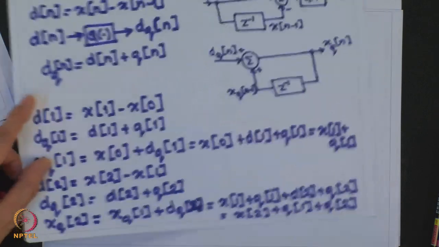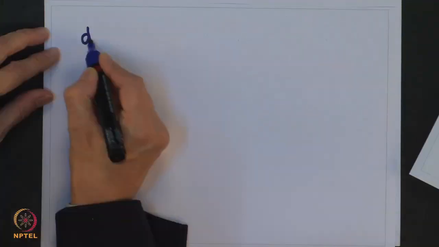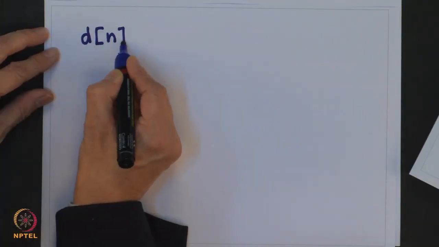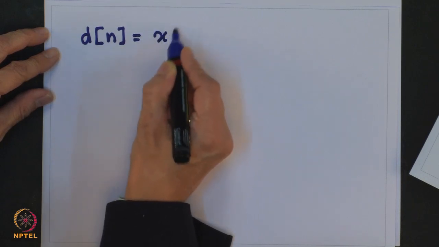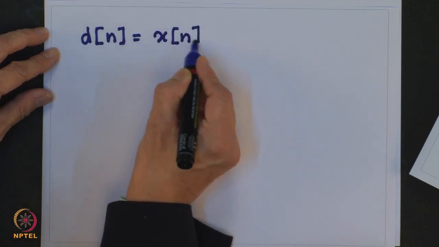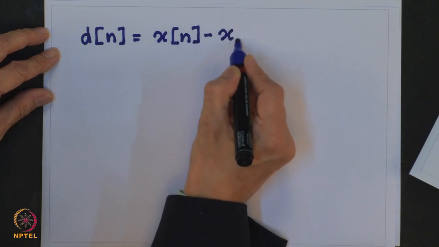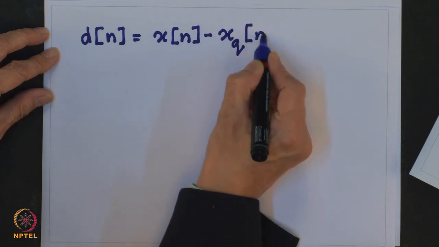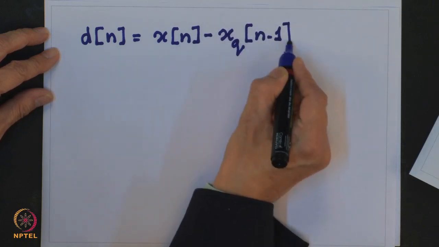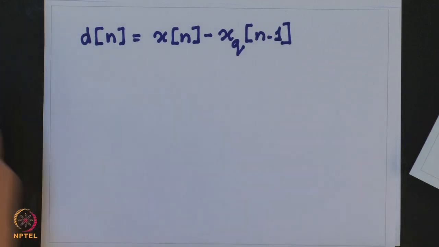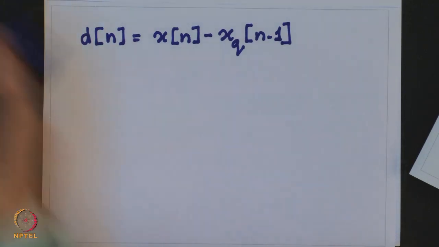That is, what we will do is that we can obtain Dn as xn minus xq n minus 1. So, let us see if we follow this strategy what would happen.